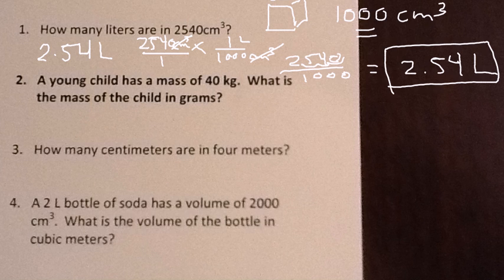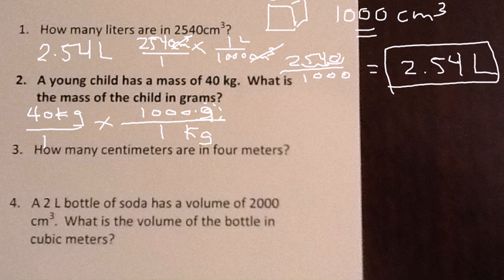Now the second problem is easier. A young child has a mass of 40 kilograms, and what is the mass of the child in grams? We know that 1,000 grams is the same as 1 kilogram. Since we want grams at the end, that is the units that we place on the top of this factor.